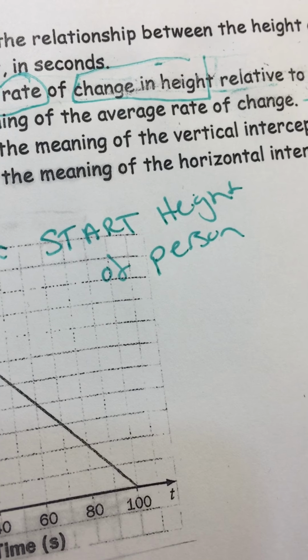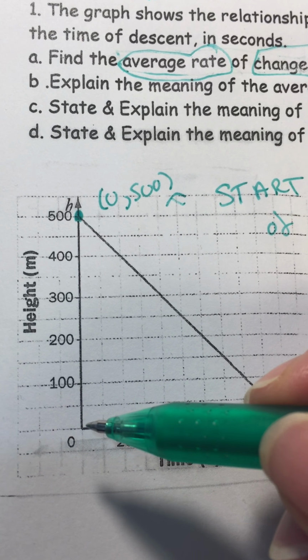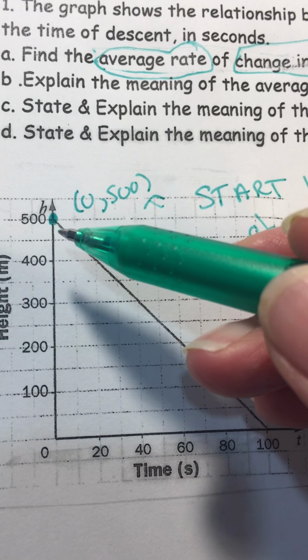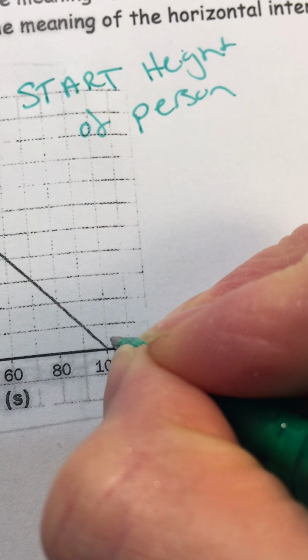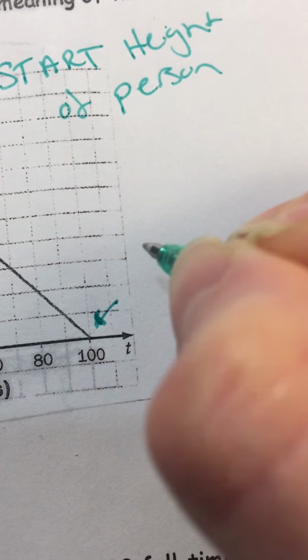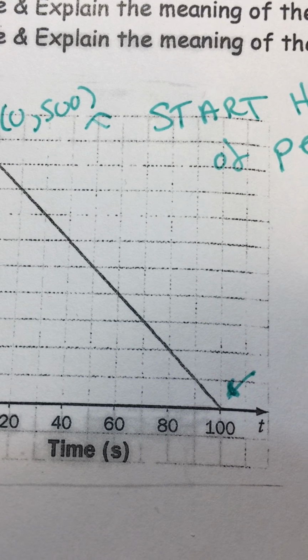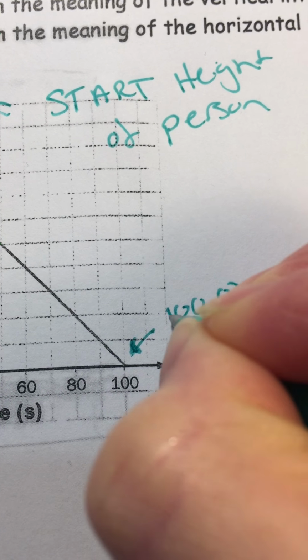So it's probably the height of the plane. It's the height at which he jumps out, because we're going to start timing after the person jumps out of the plane. So it must be starting at a height of 500 meters and then falling, falling, falling. And then this one is the horizontal intercept because it's the point at which the graph crosses the horizontal axis. And at that one, it's got coordinates 100 and 0.